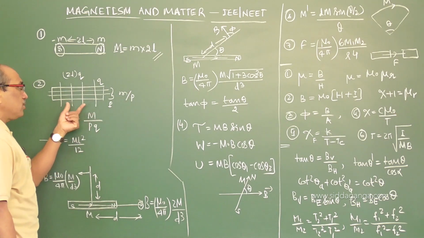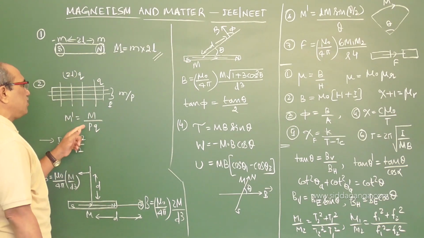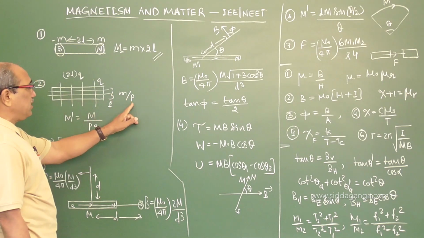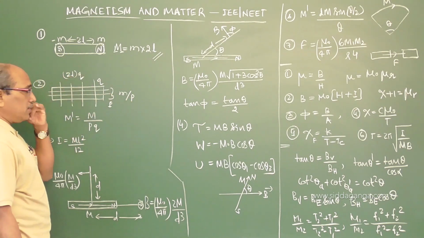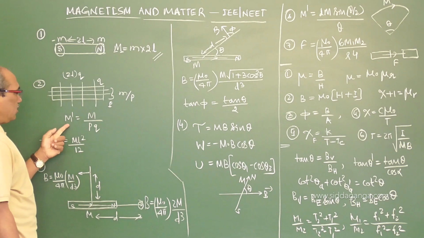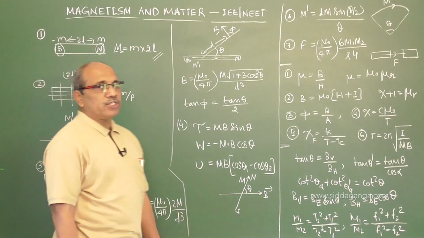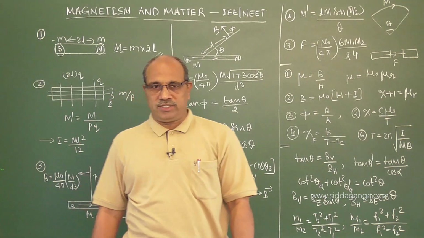But if you cut both along and perpendicular to the axis, along the axis p times and perpendicular to the axis q times, the net moment comes to be m by pq. That is, the moment decreases pq times.